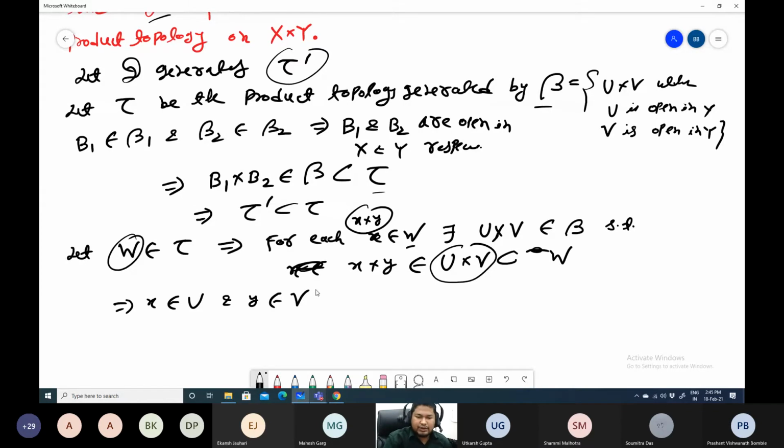Now since X belongs to U and U is an open set, that implies there exists B1 belongs to beta 1 and B2 belongs to beta 2.